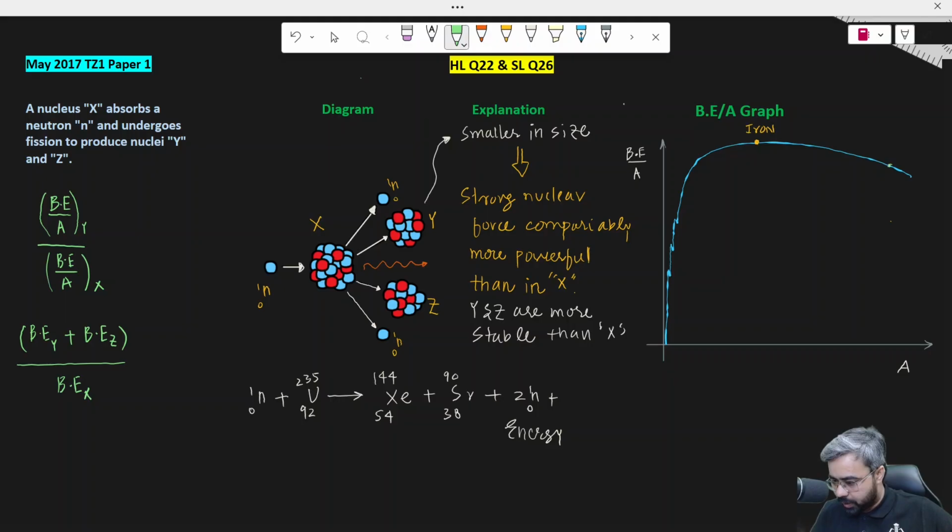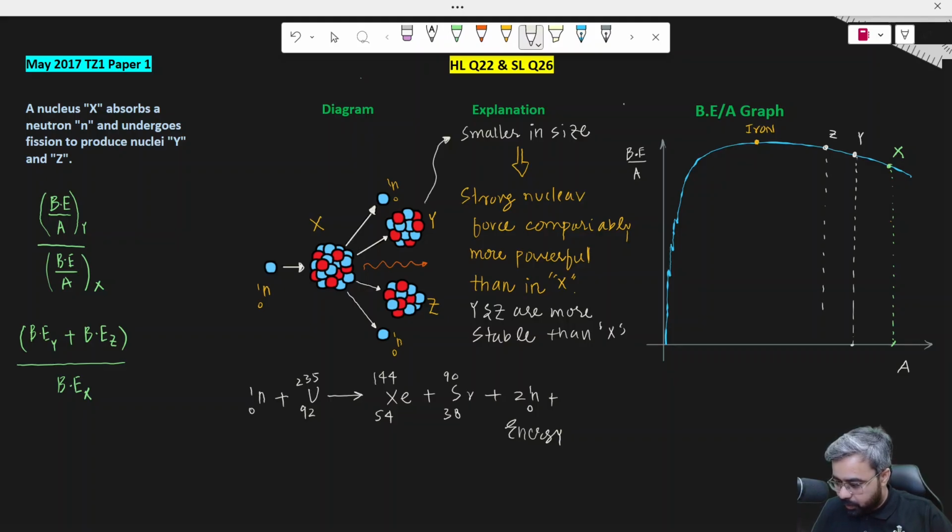So let's say this is X, because you know that it has the largest nucleon number, since it is converting into Y and Z. If this is X, then Y and Z must have a smaller nucleon number. So dear students, you can assume, for example, this is Y and this is Z, close to each other, and obviously they have a smaller nucleon number.